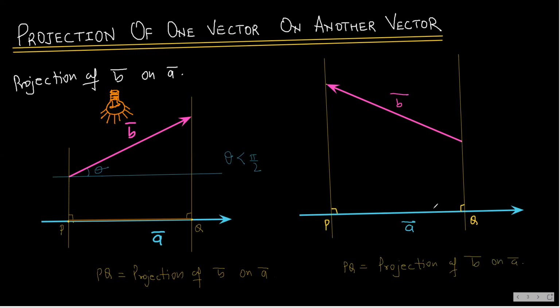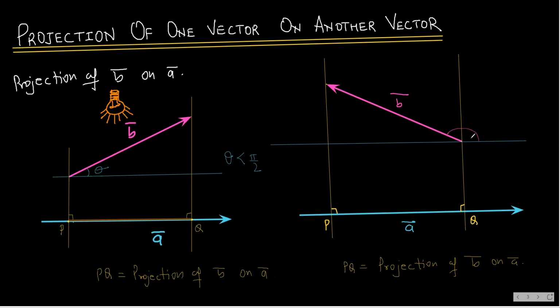And this time for the angle between the two, I will draw an imaginary line parallel to a bar meeting the initial point of vector b bar. Now I notice that the angle between b bar and a bar would be this angle which we have to consider.